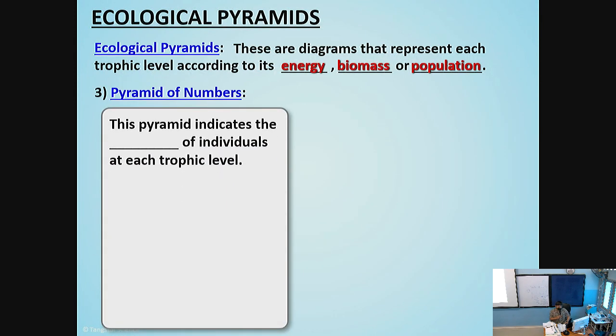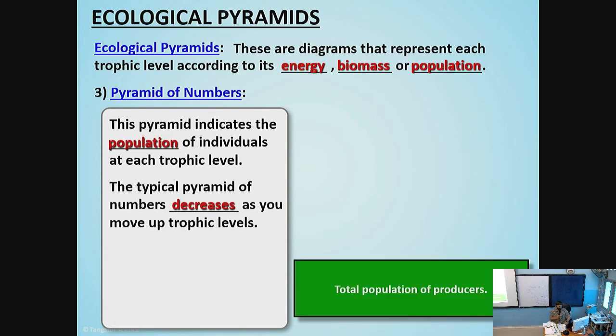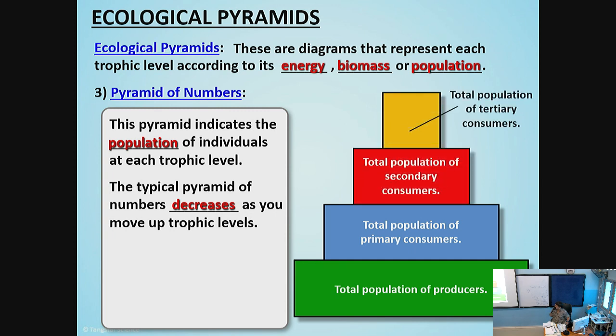And we have the pyramid of numbers. It talks about the population of individuals at each trophic level. So the typical pyramid of number decreases as you move up trophic levels. For example, this one.